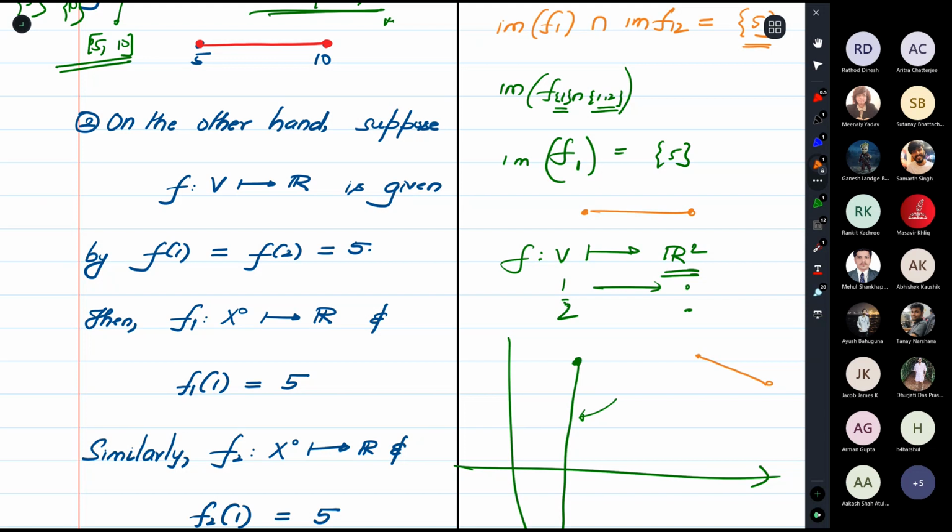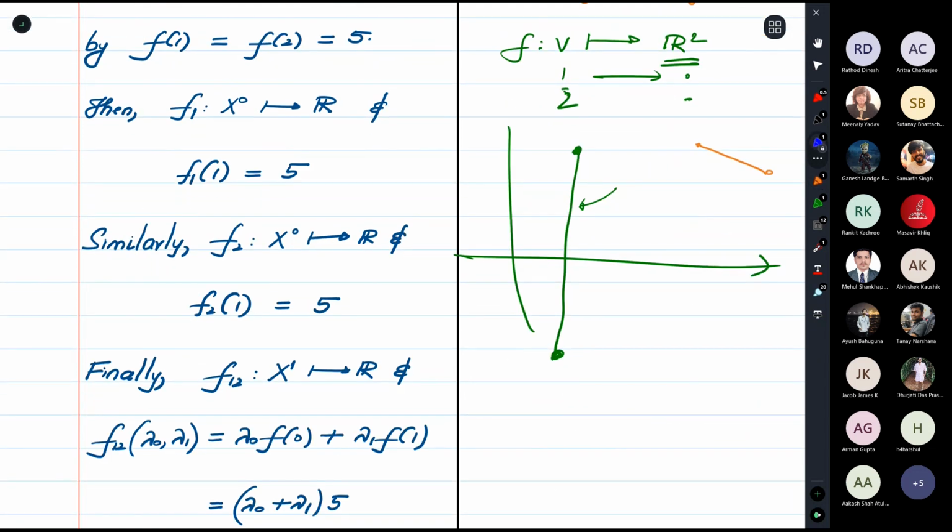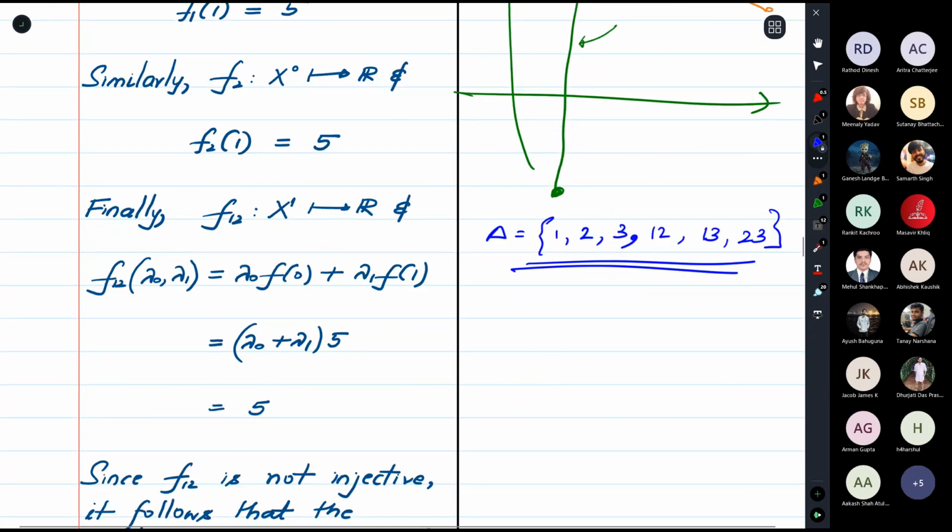So one can now ask, if I give you a simplicial complex, let's say something like 1, 2, 3, and 12, 13, and 23. This is an exercise for you. I hope you agree that V is made up of 1, 2, 3.